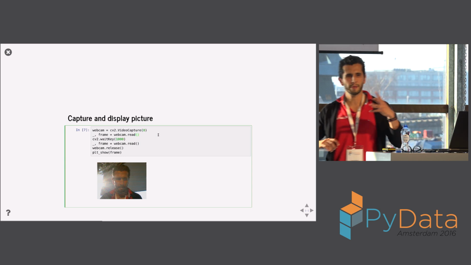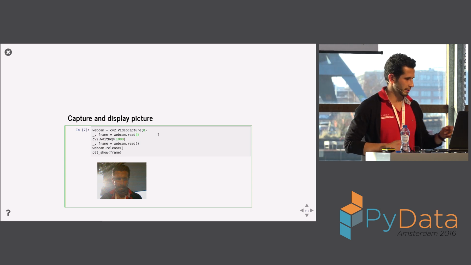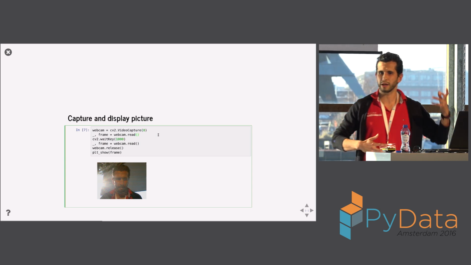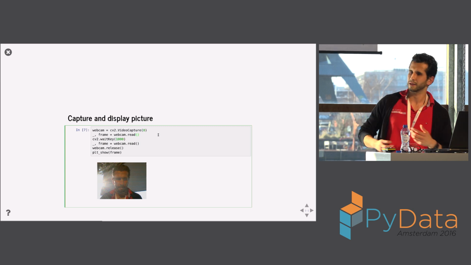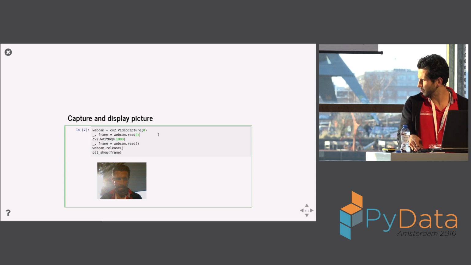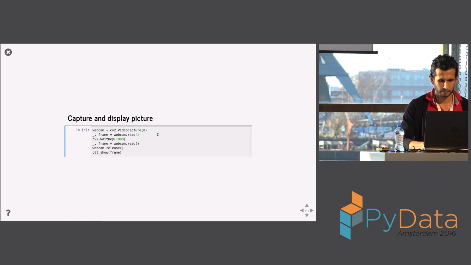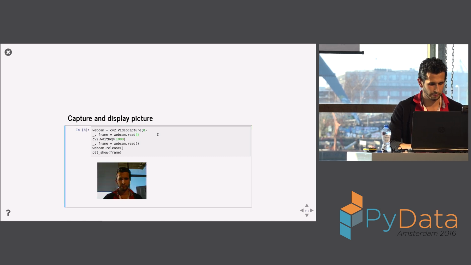Just when the camera opens for the first time, it's like when you wake up and there's a lot of light. So I had to take a picture first so that it opens, gets all the lighting, and then gets it back in the correct way. Let's see if it works.